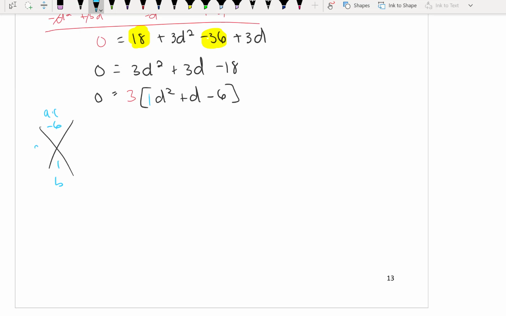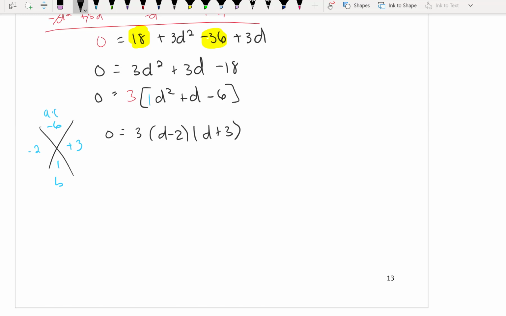So I'm going to say that's a 2 and a 3, positive 3 minus 2, because 3 minus 2 is 1, and negative 2 times 3 is a negative 6. So now I have that 0 is equal to 3 times d minus 2 and d plus 3.